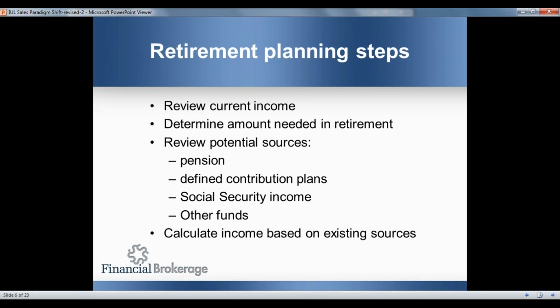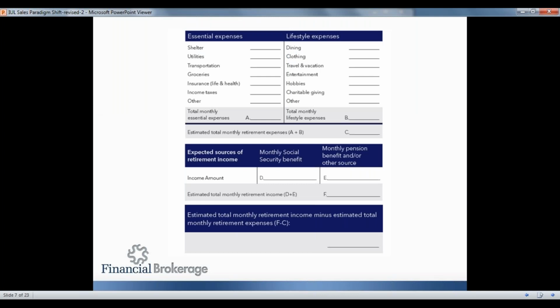At some point in time, they should have money coming from Social Security, and there's a way to calculate how much that might be. And then they might have other funds that they've set aside either personally, or maybe they've inherited some money or inherited some land somewhere along the way. So you need to take a look at all of those potential income sources and then maybe do the simple math. Is that enough to meet their needs in retirement or their expected needs?